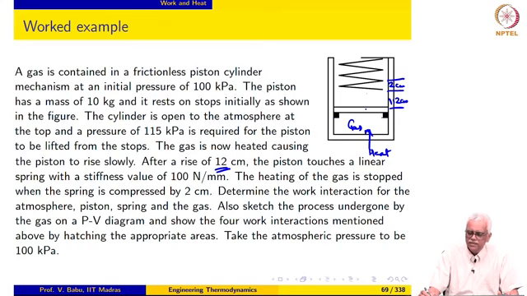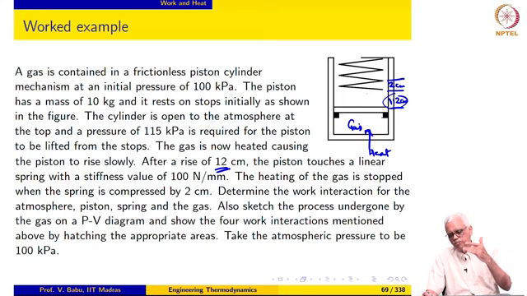Then, as the piston is lifted and until it encounters the spring, which means through this movement of 12 centimeters, the gas undergoes a constant pressure process, because the pressure of the gas is nothing but 115 kilopascal, nothing has changed, right. So, the piston keeps moving up and the gas pressure remains constant at 115 kilopascal. Once it encounters the spring, the pressure on the gas begins to actually change. Okay.